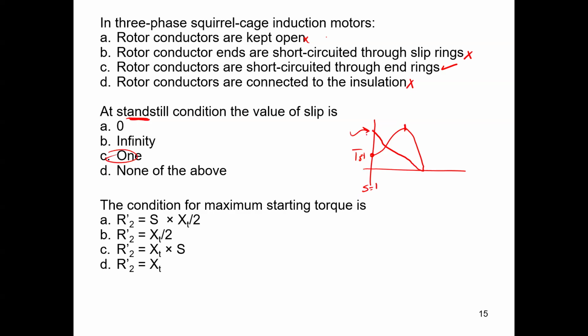In order to do that, S maximum should be unity. And you know that S maximum equals R2 prime divided by X equivalent if we neglect the value of the stator resistance. If S maximum is obtained at starting, this means S maximum equals unity. So the condition is that this equals 1, so R2 prime should be equal to X equivalent. So R2 prime equals X total. This is the correct answer here.